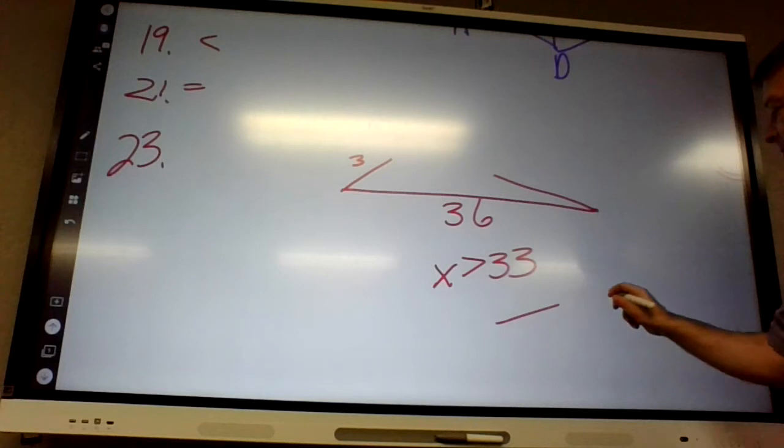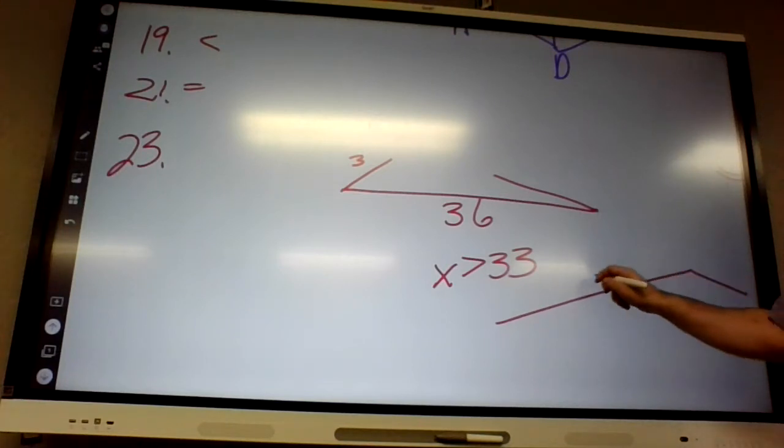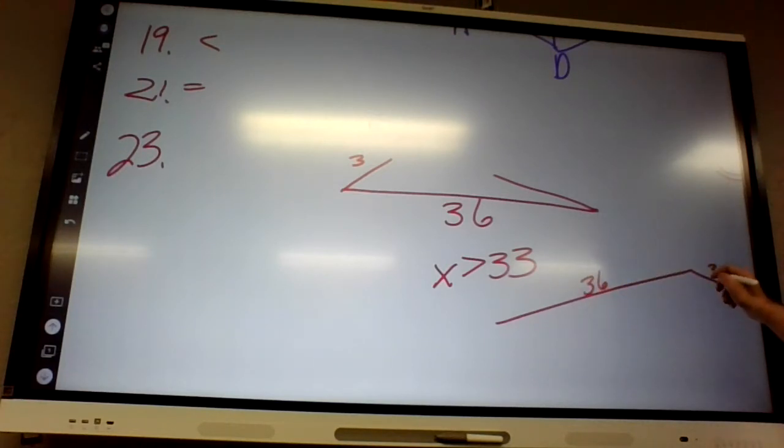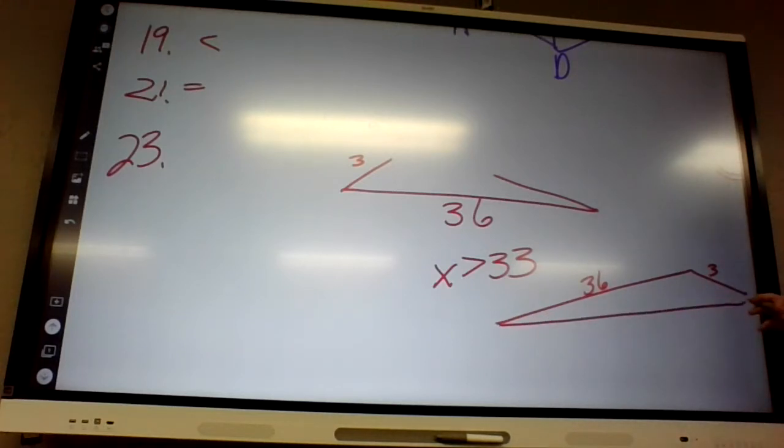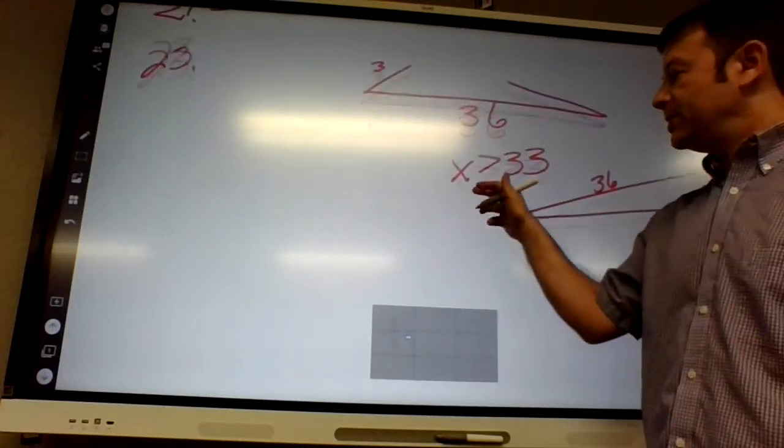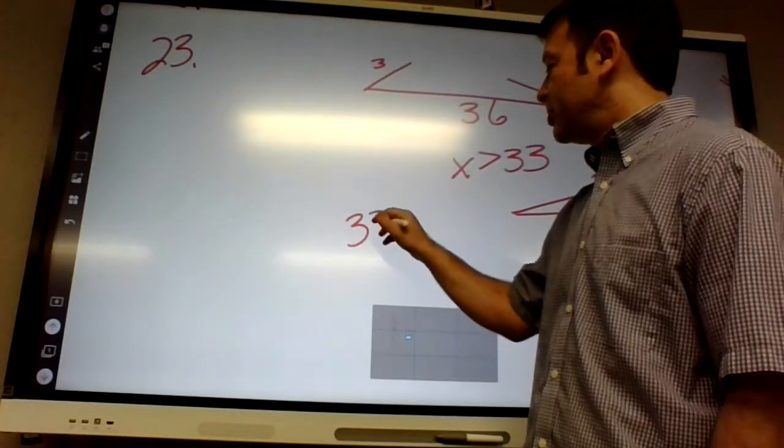If we put the 36 and 3 together, it couldn't cover it if the third side was 39. Like 36 and 3 wouldn't be big enough. So the third side has to be smaller than 39. So it's got to be bigger than 33 and smaller than 39.